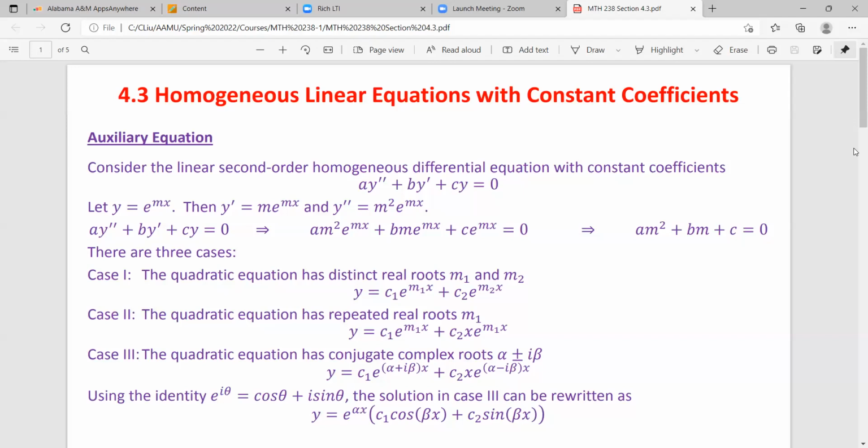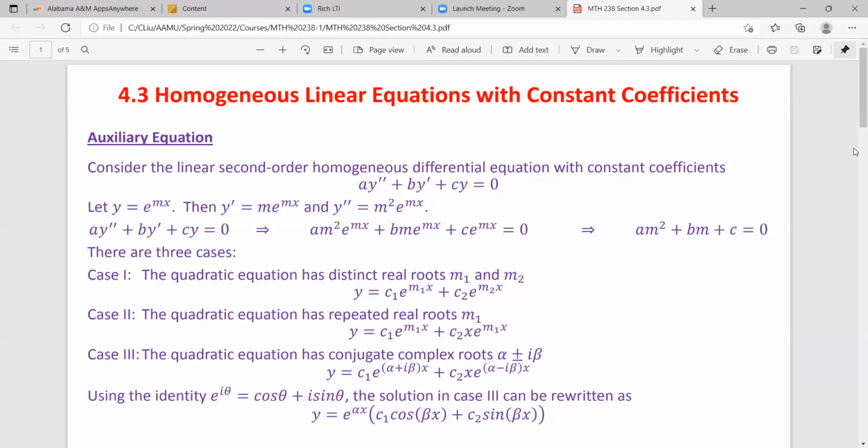But if the quadratic equation am squared plus bm plus c equal to 0 has a repeated real root, m1, so that means m1 is equal to m2, then we only get one solution, e to the m1x, for this differential equation. Then we need to find another solution linearly independent of this one.